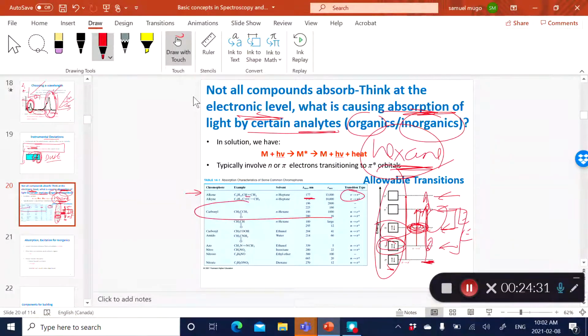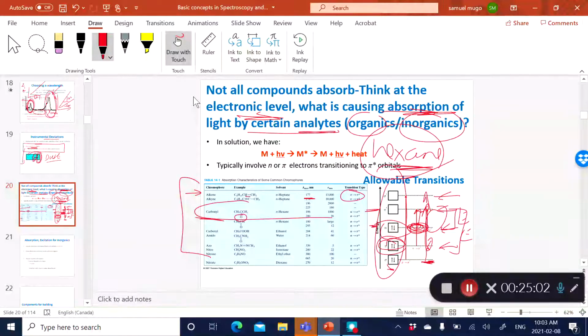Again, with the carbonyl compounds, they've got non-bonding electrons. Oxygen has a lone pair of electrons, and so it's very easy to cause that transition from non-bonding electrons to the pi star, meaning almost all carbonyl compounds absorb radiation, and they are good candidates for absorption spectroscopy.